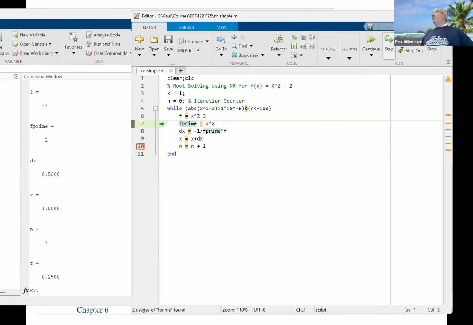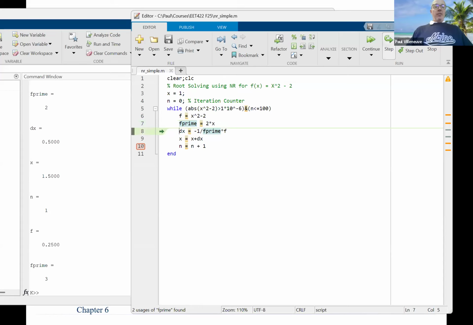Now it calculates f being 0.25, which is good because it started out at -1, and now it's at 0.25. So the absolute value is closer to 0, right? 0.25 is a lot smaller or closer to 0 than -1. So that's a good thing. I'm getting closer. My f prime value is 3.